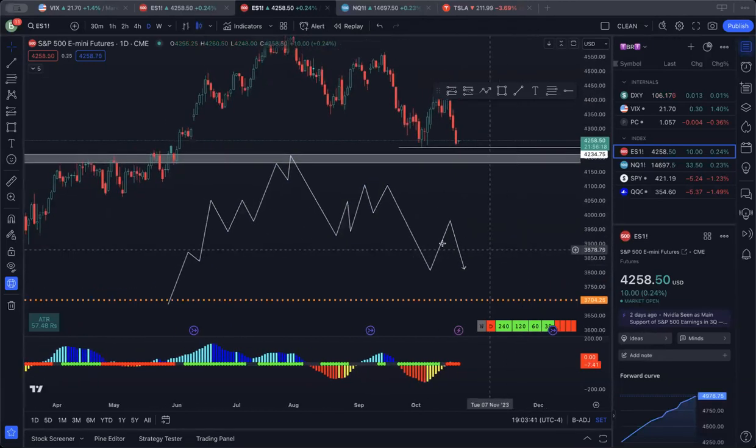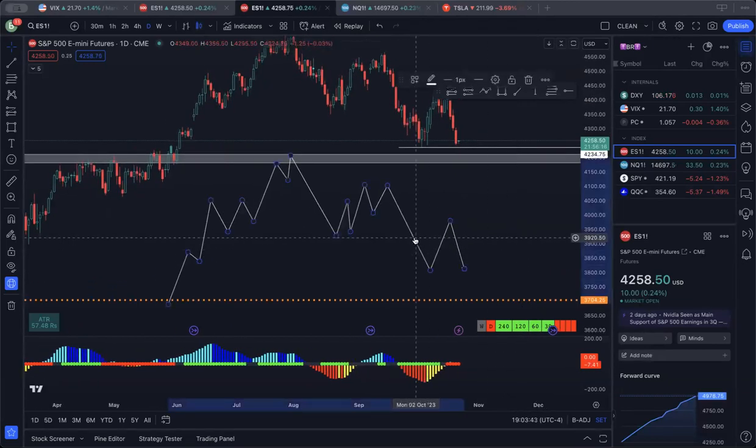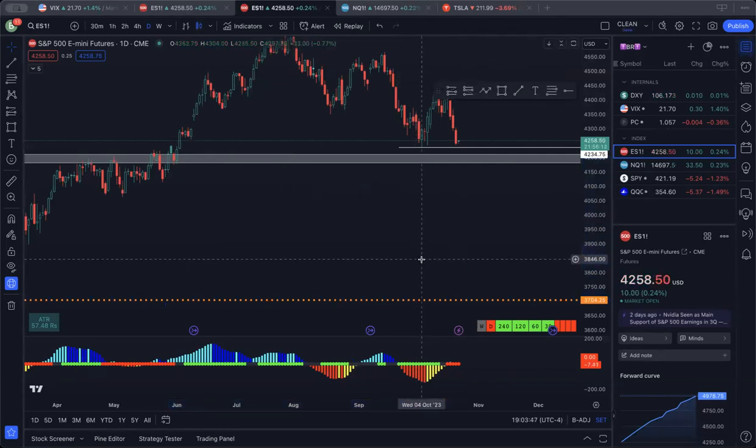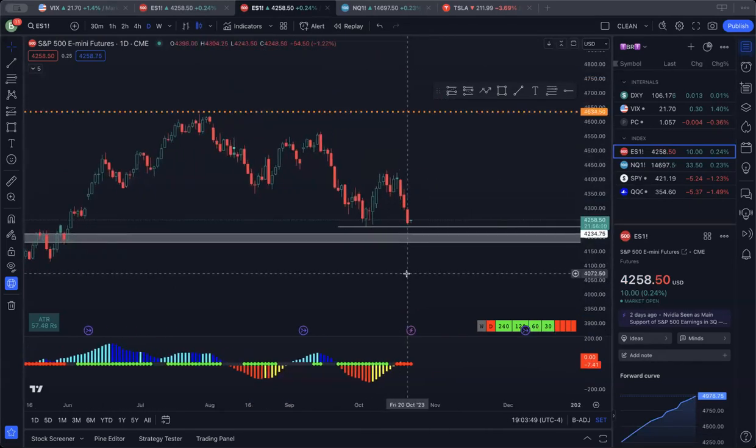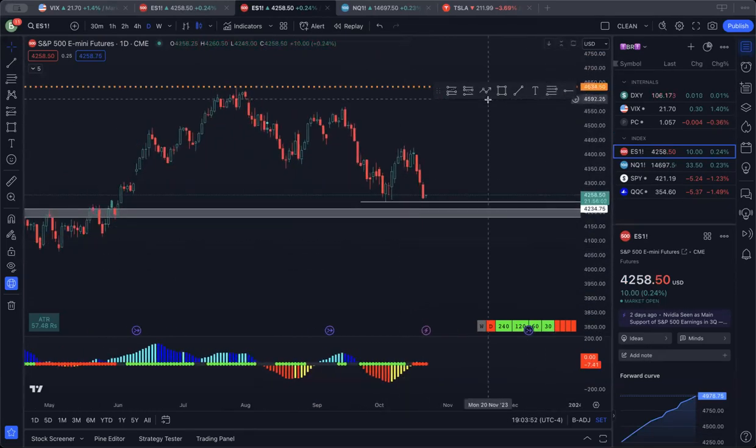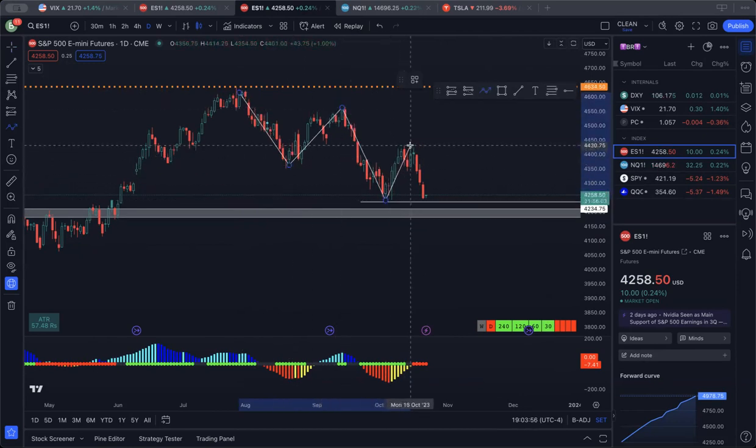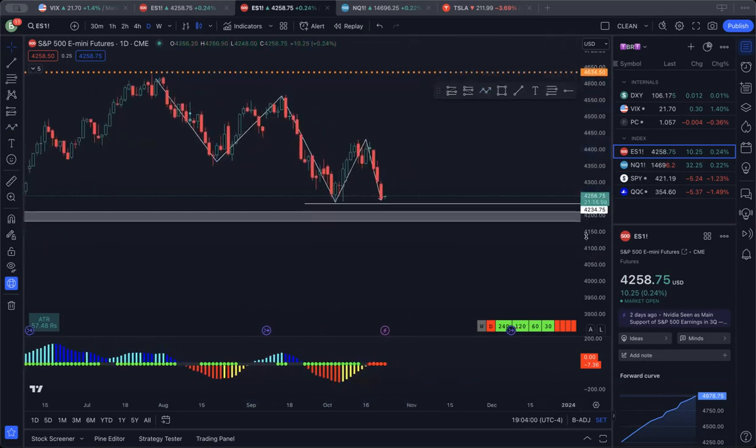That's the main thing we're paying attention to here. And we're simply going to follow the trend. It looks like a pretty clear trend to me. You can see lower low, lower high, lower low, and then we made a lower high. Now we're attempting to make a lower low.